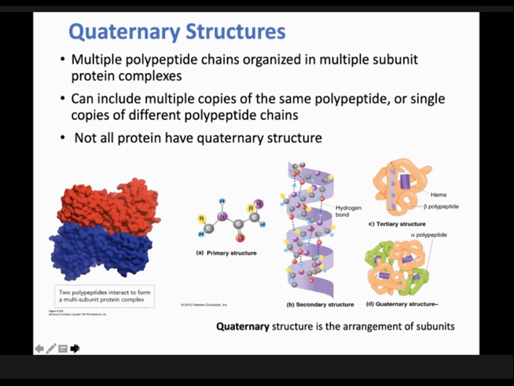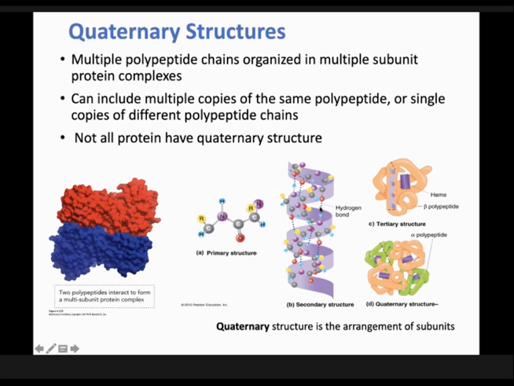Okay, quaternary structure is basically subunits that form a protein. And not all the proteins will have a quaternary structure. Again, primary structure is the sequence of amino acids. Secondary structure is the alpha helix or beta sheet.